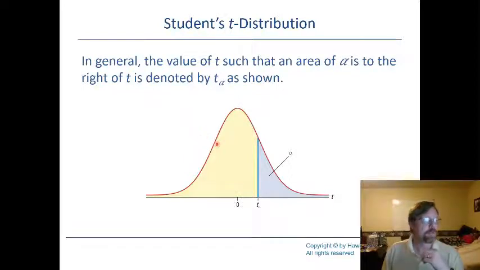So the t value given in a table matches the alpha value to the right on a one-tailed portion.